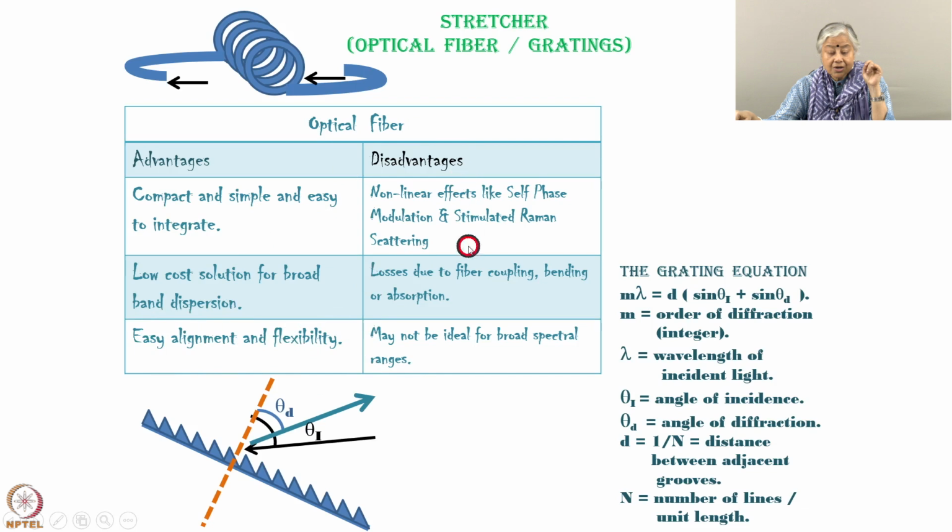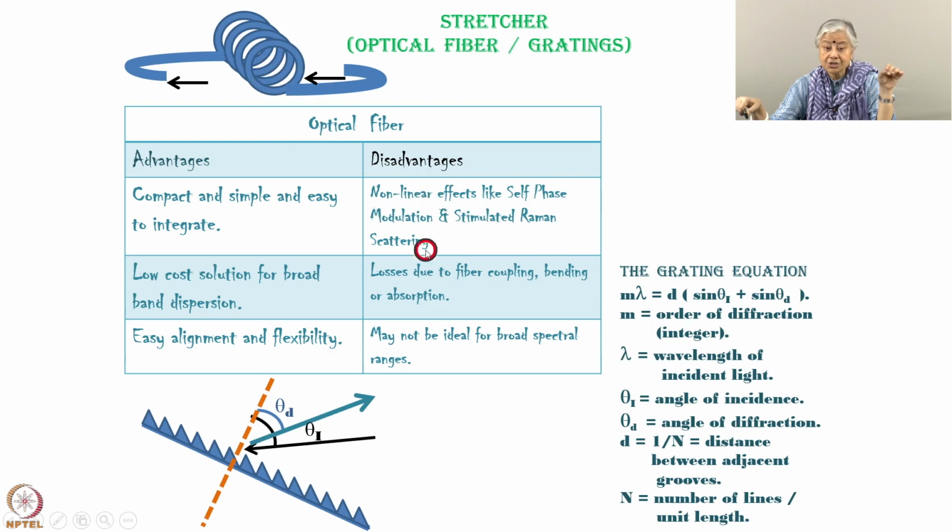Disadvantage is, whenever a beam of light is passing through a fiber and it has pretty high intensity, nonlinear effects like self-phase modulation occur. The self-phase modulation was attractive in case of an oscillator, because it shortened the pulse and you wanted a short pulse from an oscillator, but it is not so attractive in the stretcher, which is this fiber.